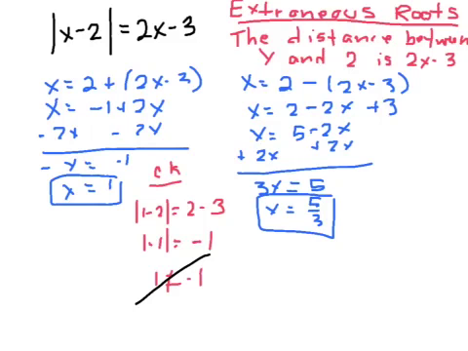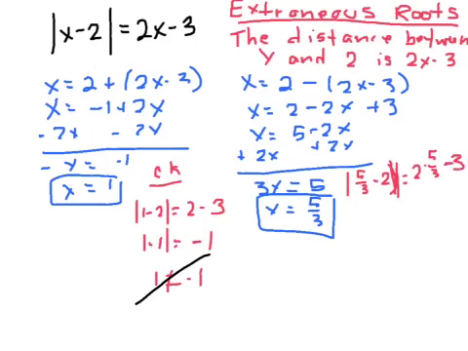A little bit of work here. I've got the absolute value of 5/3 minus 2 equals 2 times 5/3 minus 3.